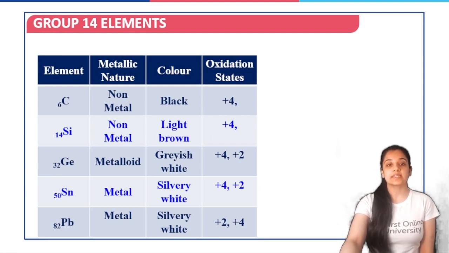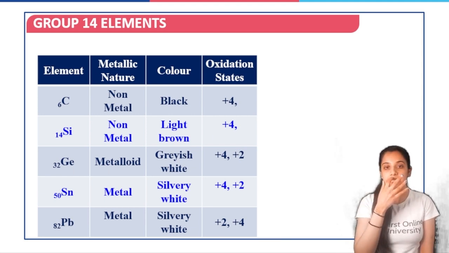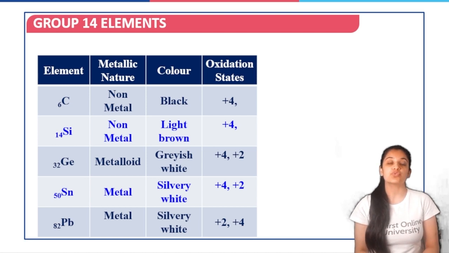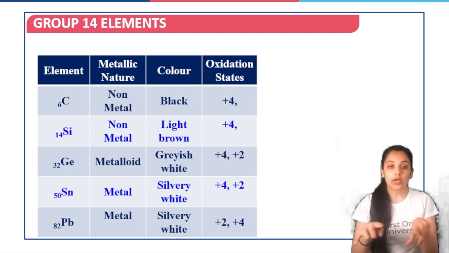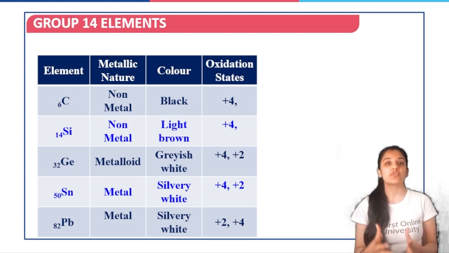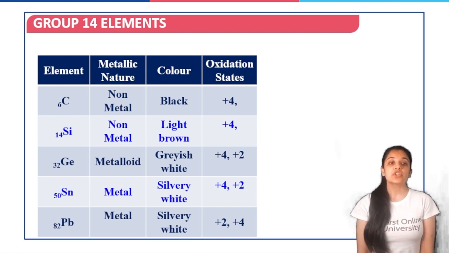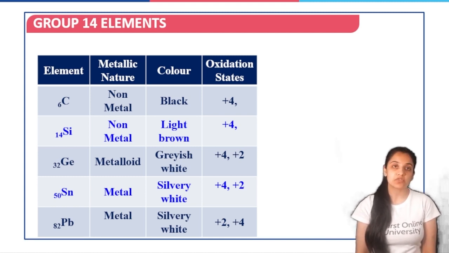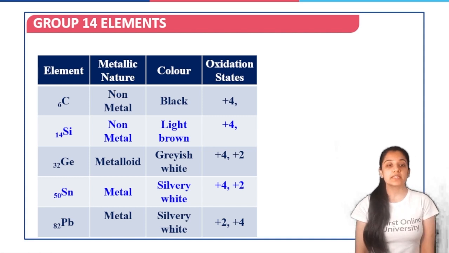Now, if we look at this table, the element, its metallic nature, color and oxidation states are given to you. This table in brief is giving you a lot of important information. Carbon is a non-metal, black in color, and its stable oxidation states are +4 and -4. Silicon, with atomic number 14, is a non-metal, light brown in color, and its stable oxidation state is +4.